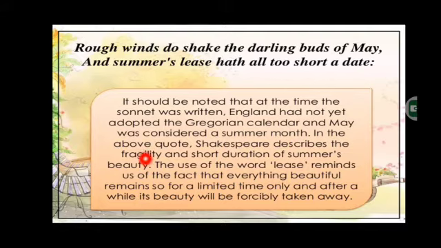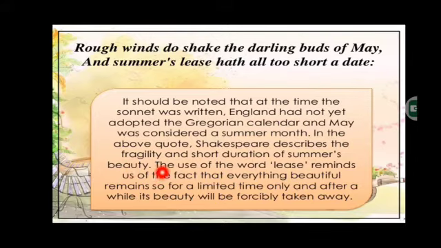In the above quote, Shakespeare described the fragility and short duration of summer's beauty, because a summer day is very beautiful, it's very pleasant, right? There's no flaw. But again, it's for a short time, right? It has to disappear.